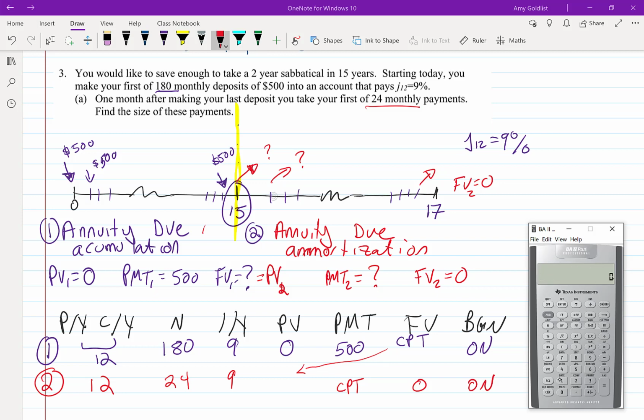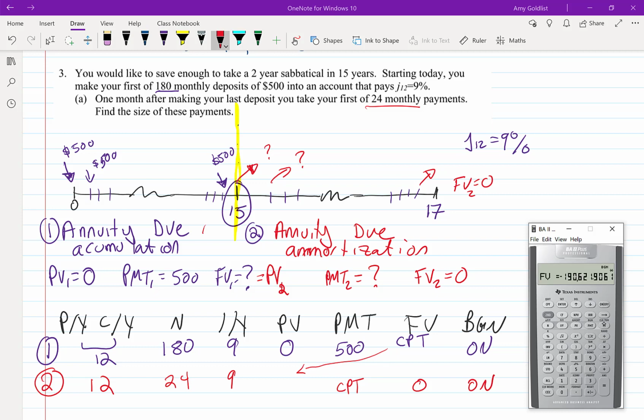12, I check that that's correct. N is 180. IY is 9. Present value 0. Payment is $500. Future value is what I'm computing, and begin mode is not on, so let's go to set. Make sure that begin mode is on.